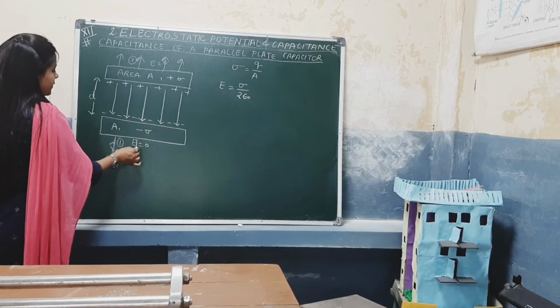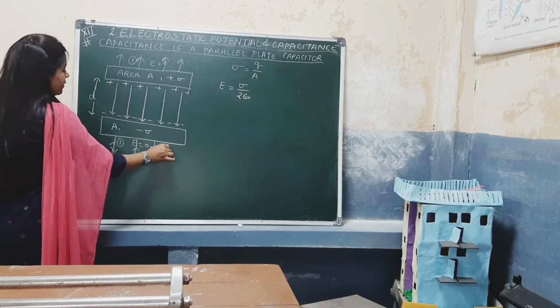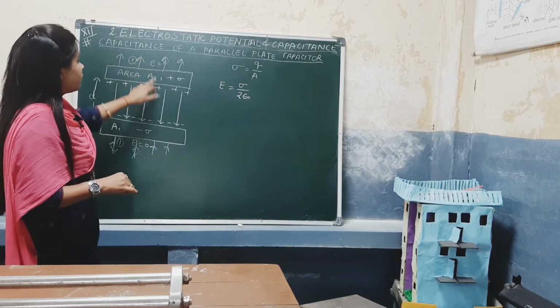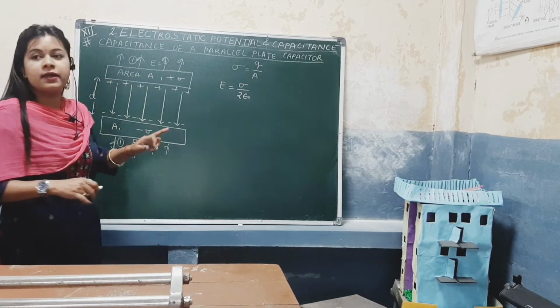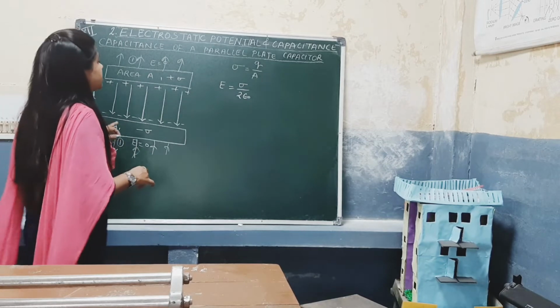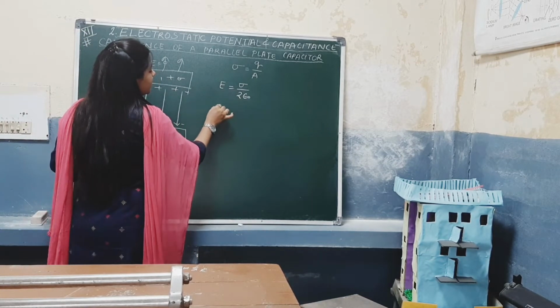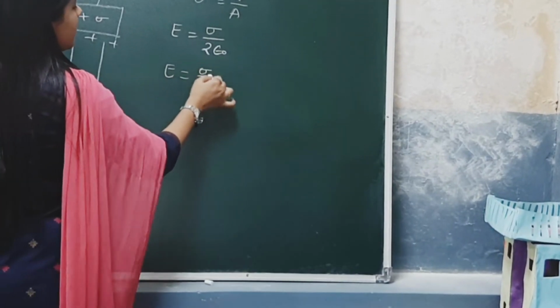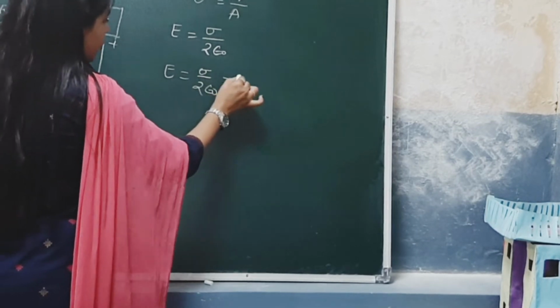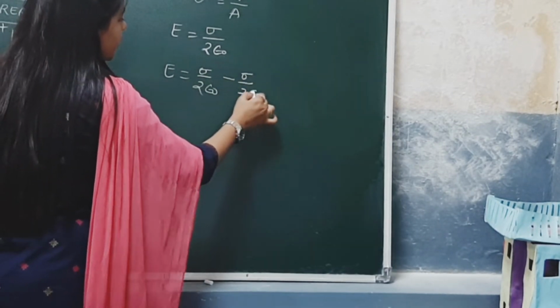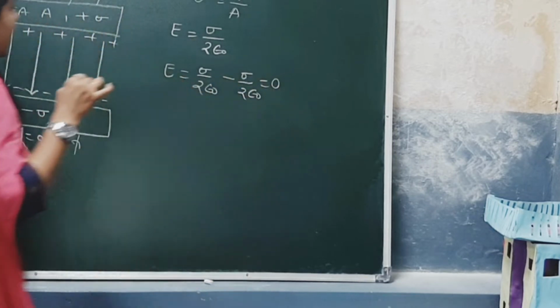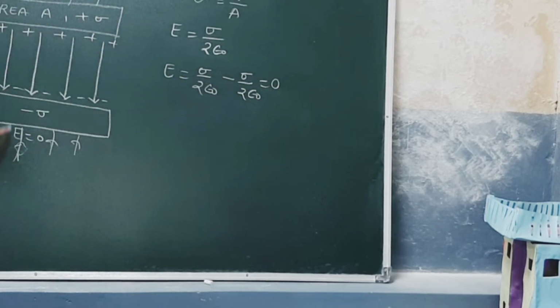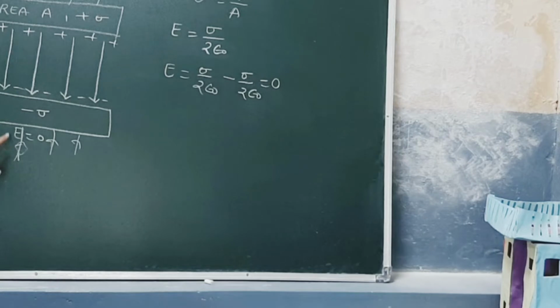See? Fine. And we know that the electric field outside the conductor is always 0. So the electric field will be sigma upon 2 epsilon naught minus sigma upon 2 epsilon naught, which gives 0, and hence the electric field outside the parallel plate capacitor will be 0.